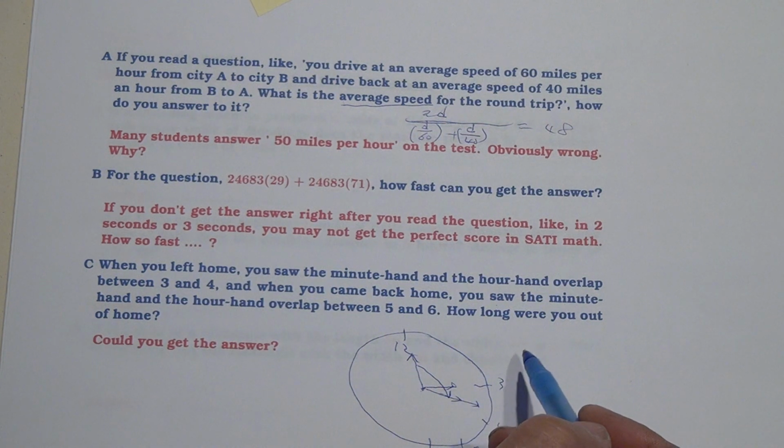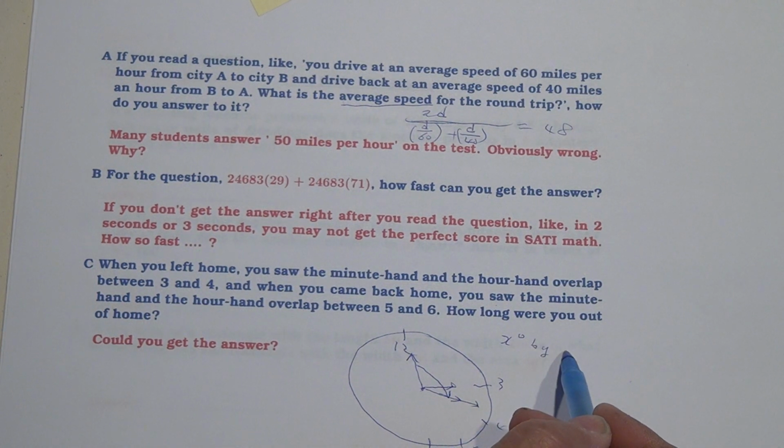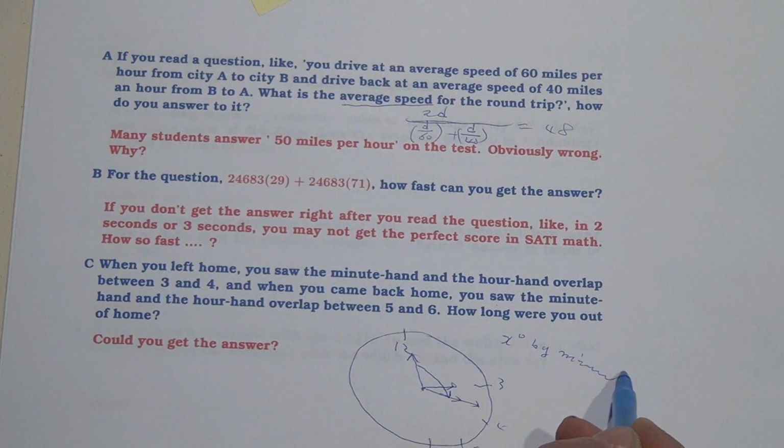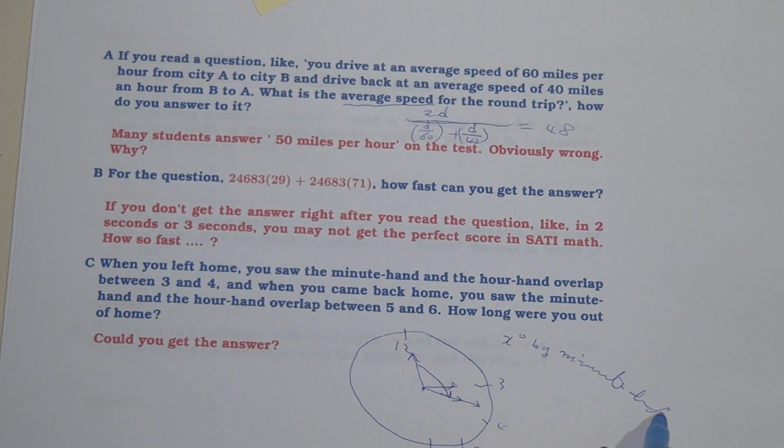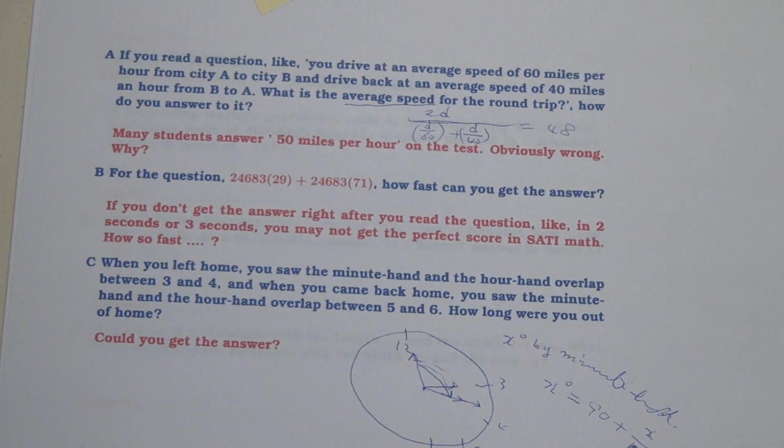So you can make an equation: x degrees by the minute hand. The minute hand moved from 12 to here, x degrees. Then the hour hand comes here, meaning what? The hour hand was here at 3 o'clock, so this one is 90 degrees already. 90 degrees plus x divided by 12.